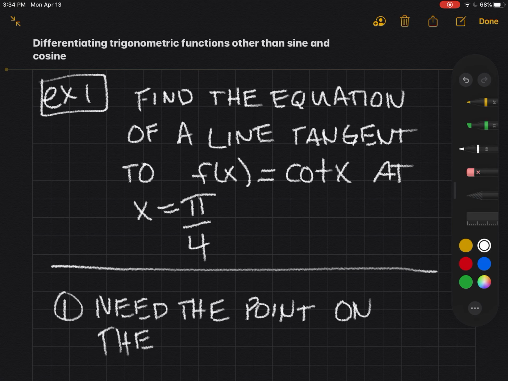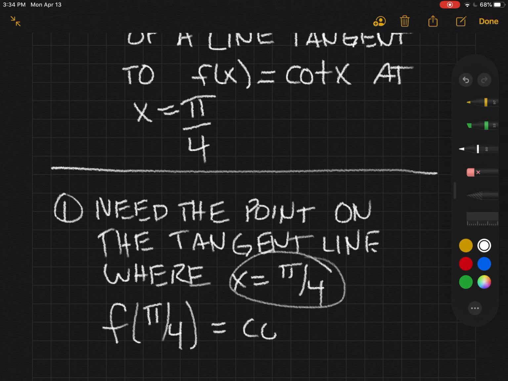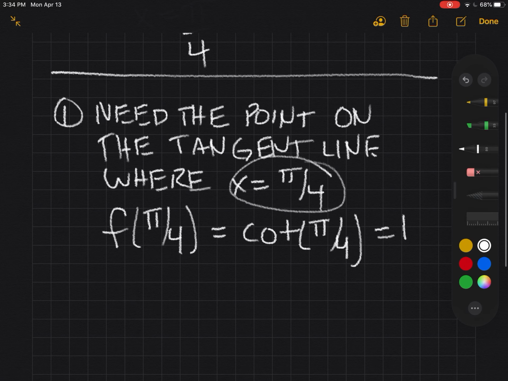So the first thing we're going to need is the point on the tangent line where x equals pi over 4.